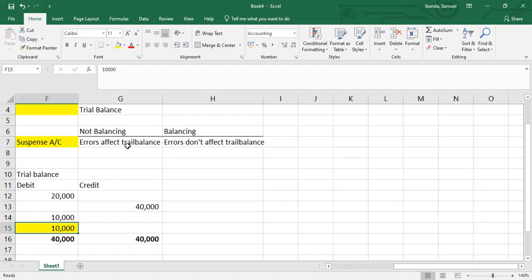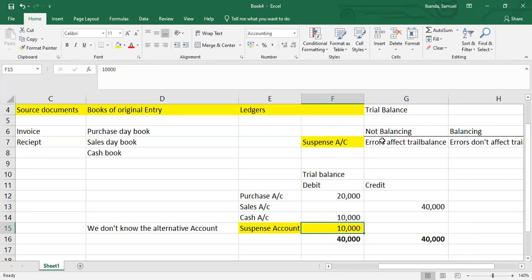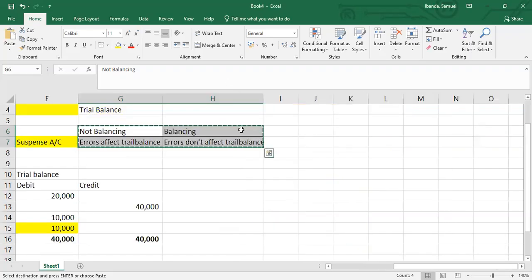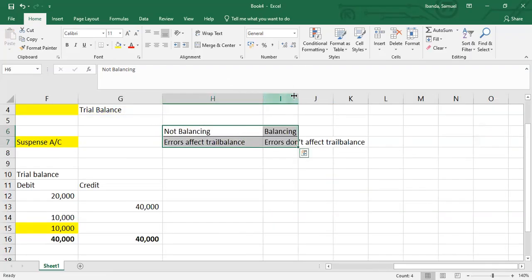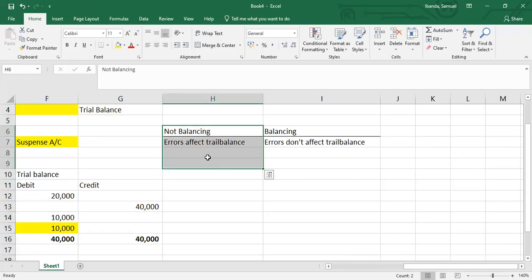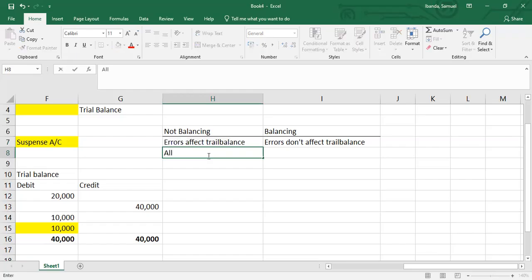Now, understanding that and having that kind of background of how a suspense account comes in, we need to also appreciate these key errors that I was trying to bring up: the errors that affect the trial balance, and the errors that don't affect the trial balance. Definitely, the errors that affect your trial balance, that make your trial balance not balance, are all corrected by a suspense account.